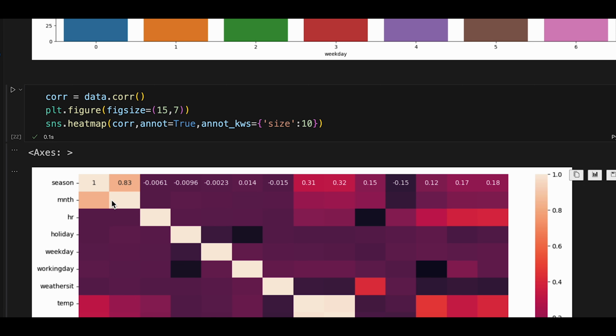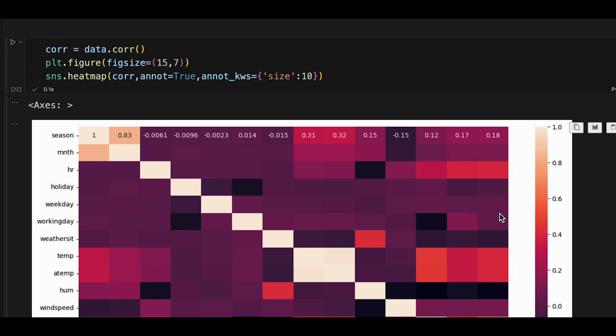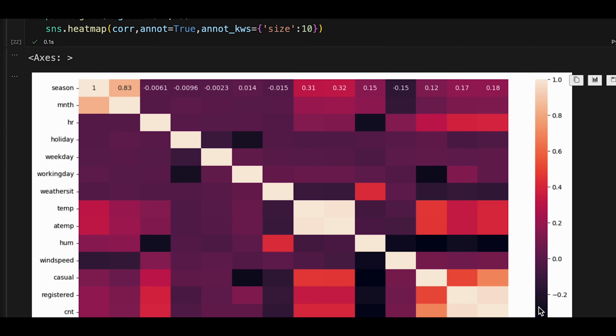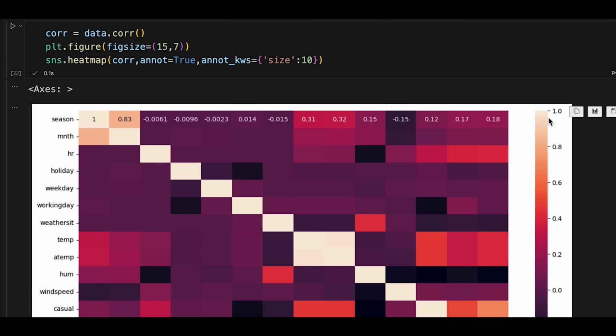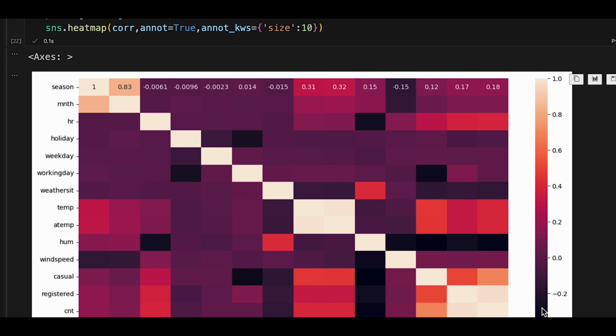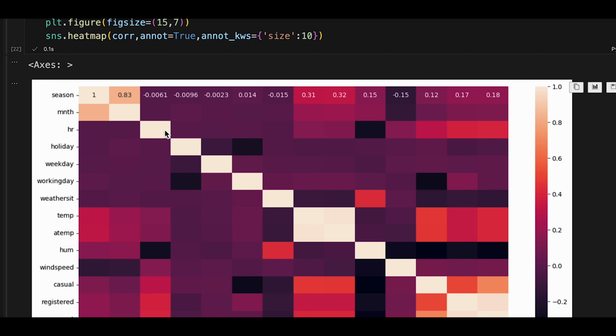So here if you observe clearly, like basically here 1 means that they are highly correlated, or -1 also means that they are highly correlated. But this graph is not going till -1. So 1 is shown with lighter color, where near to 0 or less than 0 is shown with very dark colors. So basically when we have 1 in the diagonal, whenever there is very light color, that means that they are highly correlated.